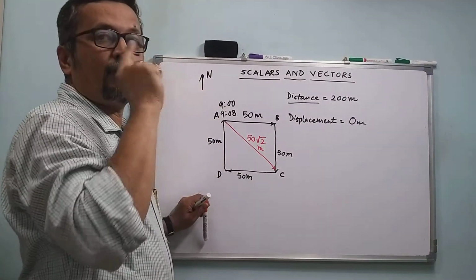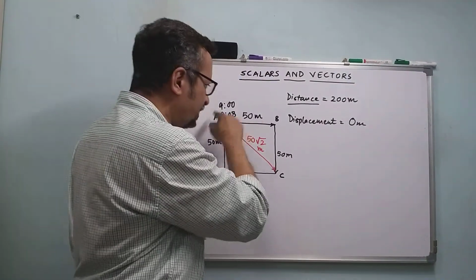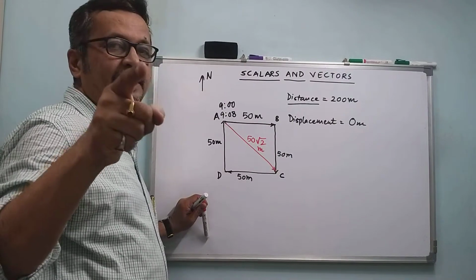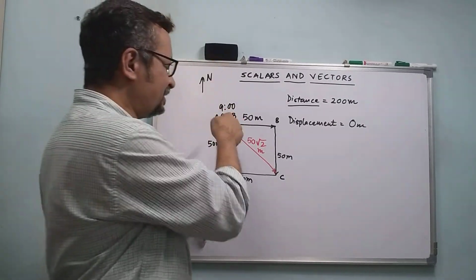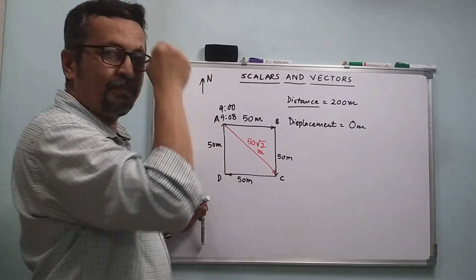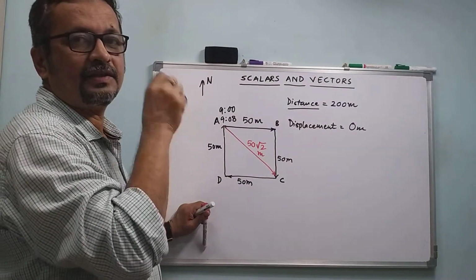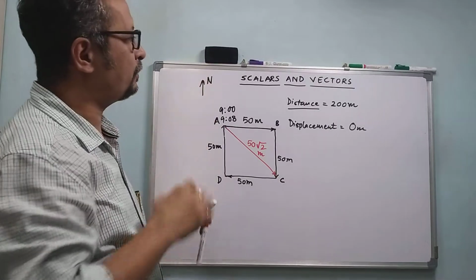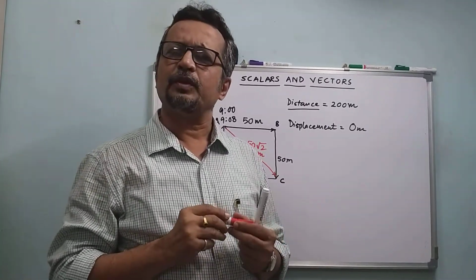Over there I am walking a distance of 200 meter, but then here my displacement in that case would also be 200 meter. But in this case, my displacement from A to B to C to D and back to A is 0. So that is how vectors and scalars work.